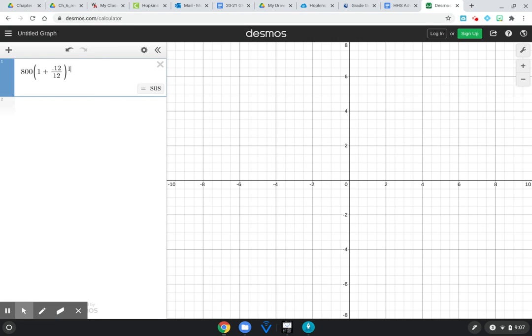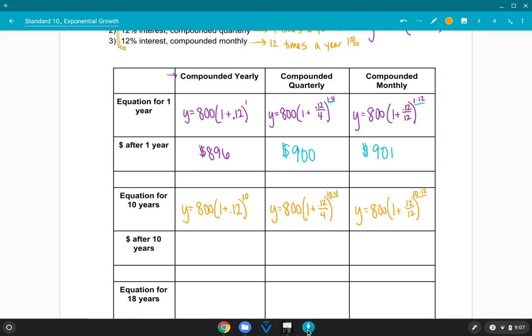So I'm going to do this one first. Holy cow, $2,640. $2,640 after 10 years. Now I'm going to type in the quarterly one.